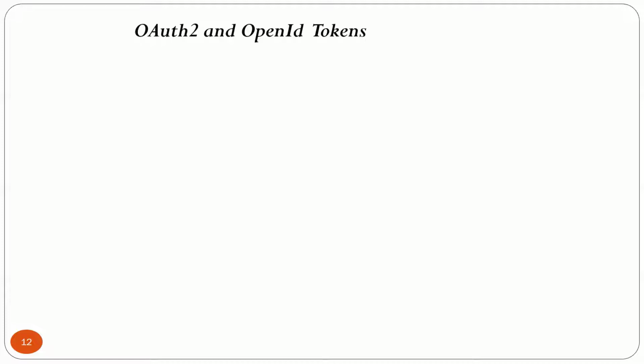So let's see the core actually of OAuth2 and more specifically of the OpenID Connect protocol. The core of OAuth2 and OpenID Connect are the tokens, right? So if I have to describe an access token, I would say that it is a credential used to access a protected resource.